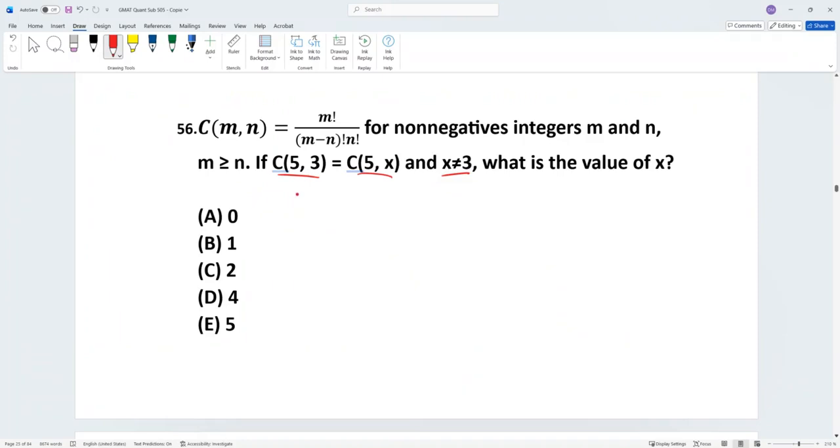So we have this formula like this. Okay, so we are going to apply it. Let me write it properly like this.